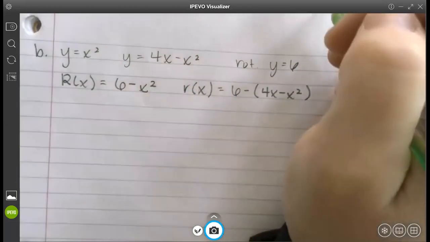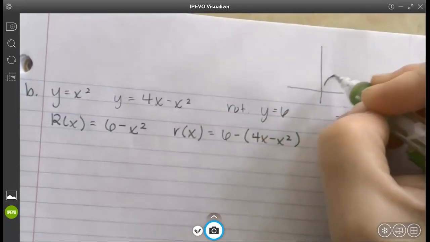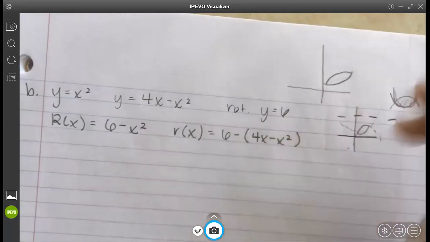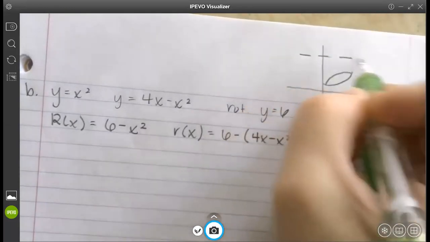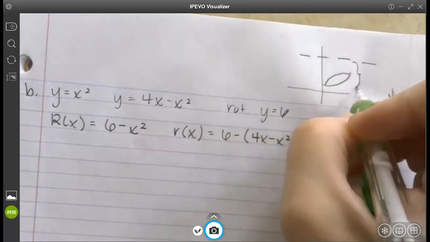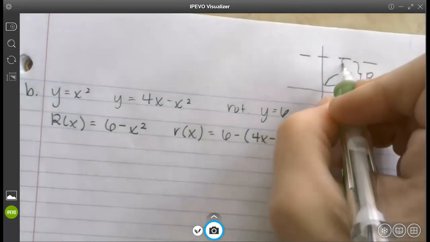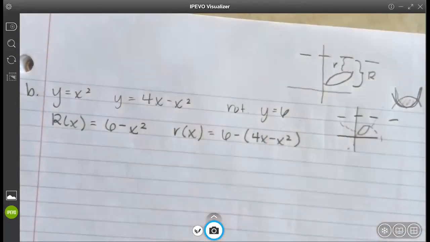Okay, so when we're looking at this function, and it looks like this little football shape, we're rotating here. We want the furthest distance to be our big R. We want the littlest distance to be our little r.